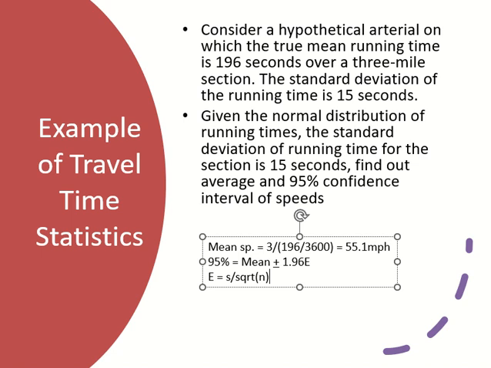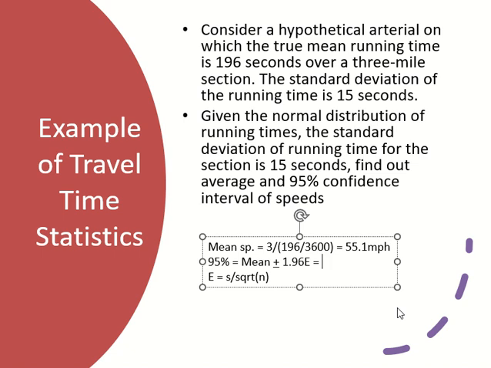Clear? Okay, moving on. So nobody will put zeros anywhere, right? No infinity, no 0. Now give me the confidence interval for time. You already know the mean of time, not speed. And E equals S, which is 15.